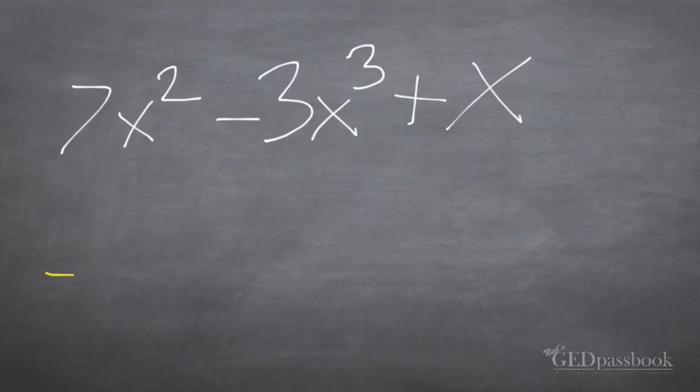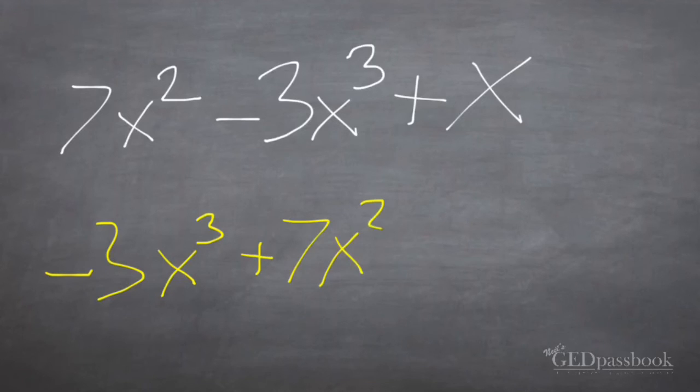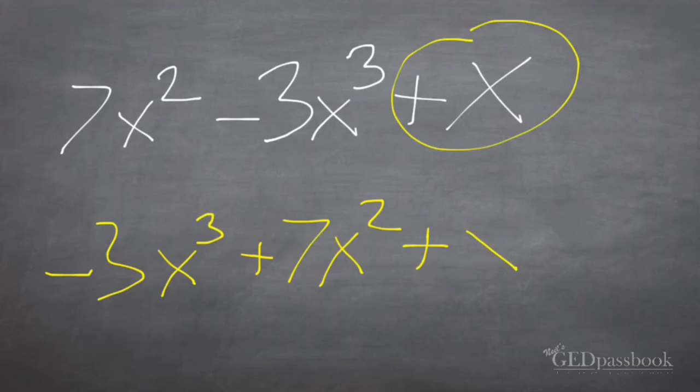So in this case, the negative 3x cubed is bigger than this positive 7x squared. I threw this positive sign because even though it's not there, it is there. It is a positive 7x squared, right? And then the last step would just be to throw in that measly little x, right? Oops, oops, oops, no, what'd I do?